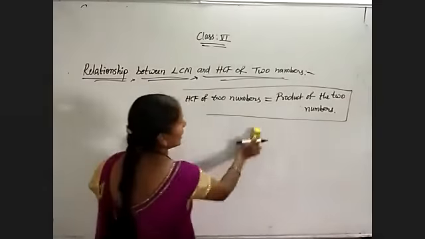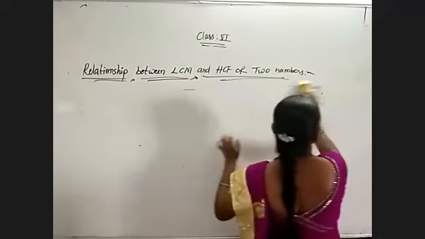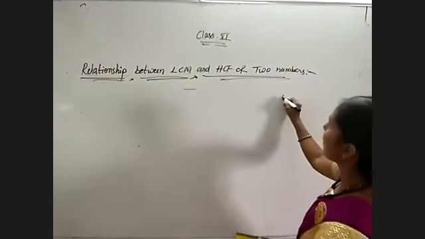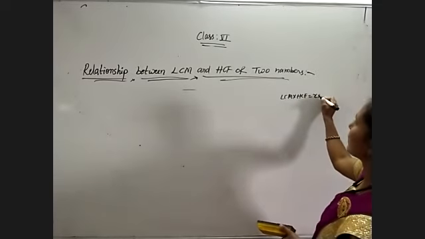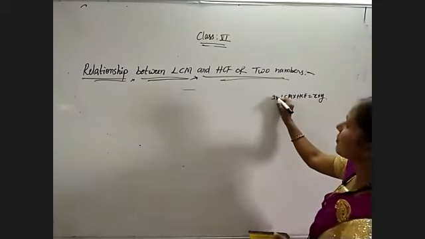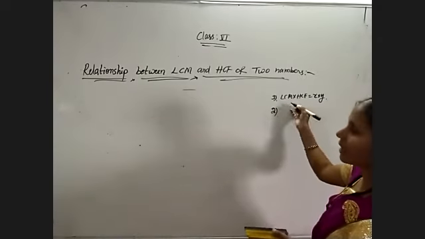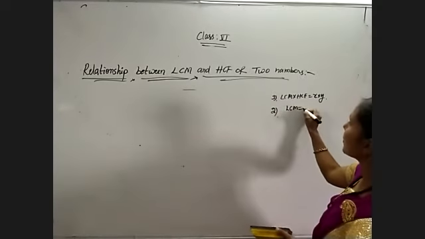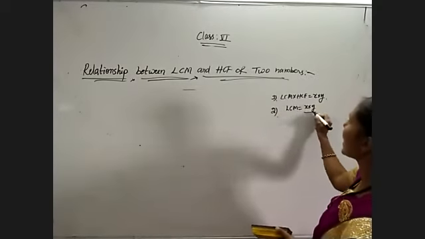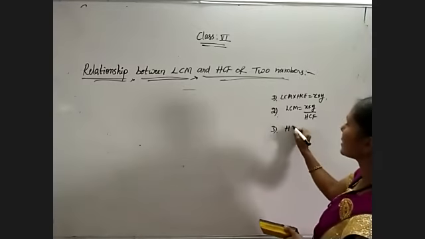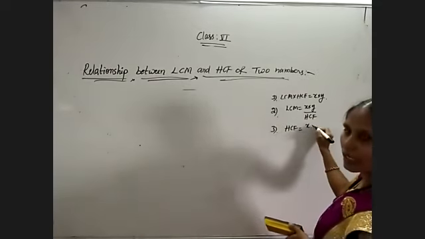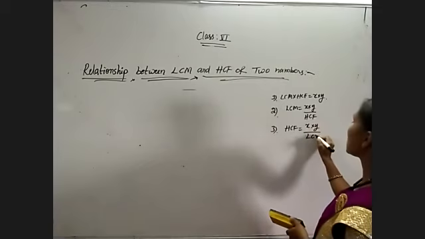So here I am writing all those formulas. Product of LCM and HCF is equal to product of the two numbers. This is my first formula. And from this, second formula, LCM is equal to product of the numbers by HCF. And my third formula, HCF is equal to product of the numbers by LCM.